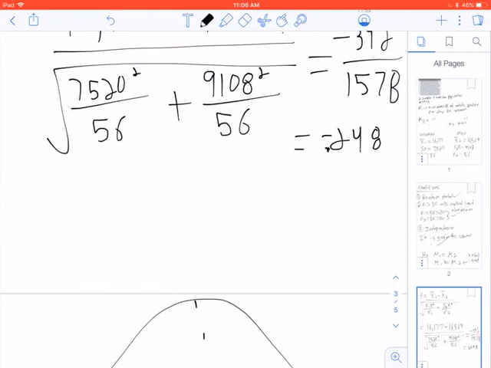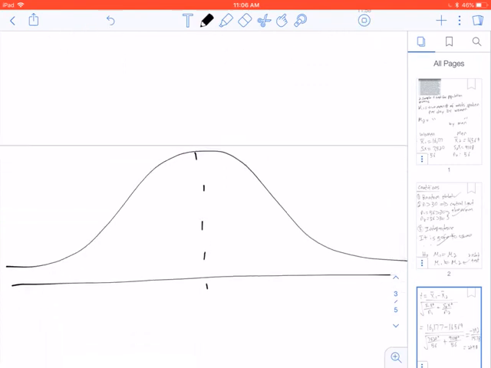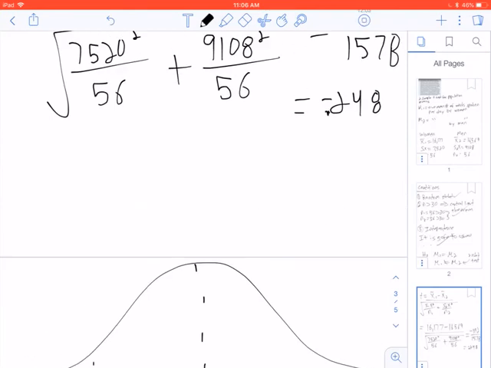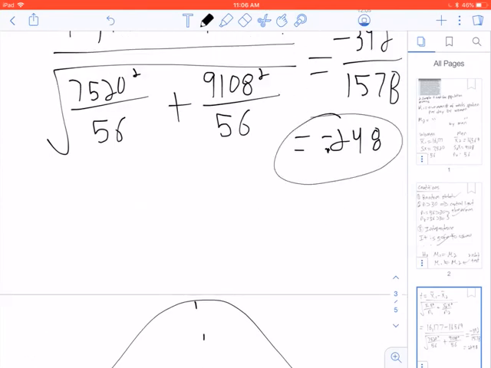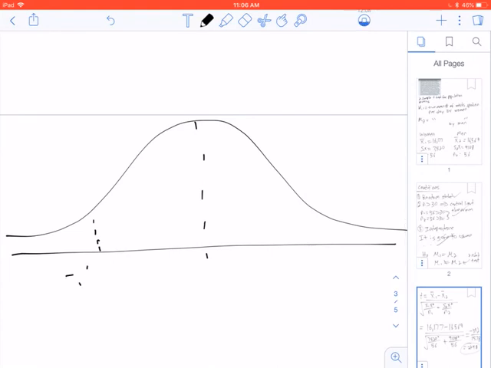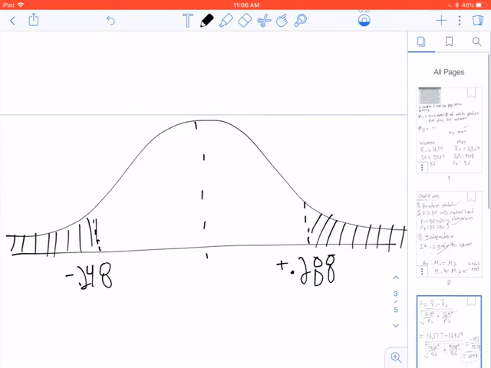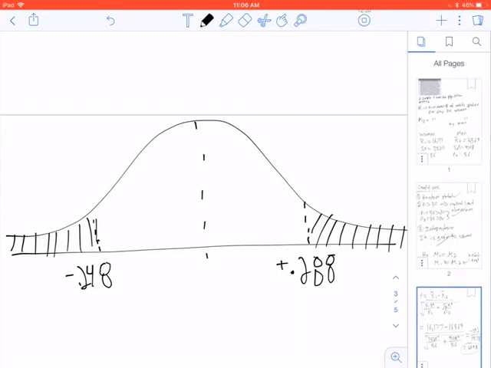So not only do I want to find the probability of getting a t statistic of negative 0.248 or more extreme, but since I'm doing a two-sided test, I also want the probability that I get a t-statistic that high or greater.